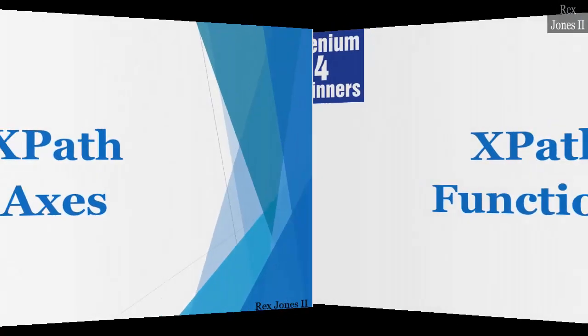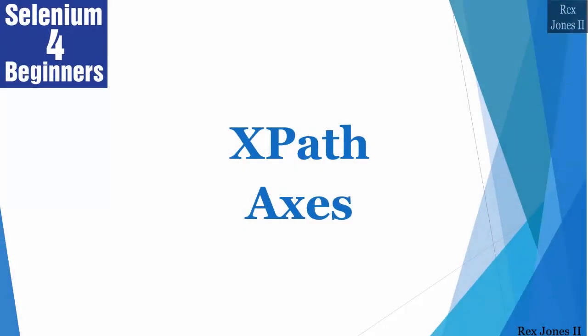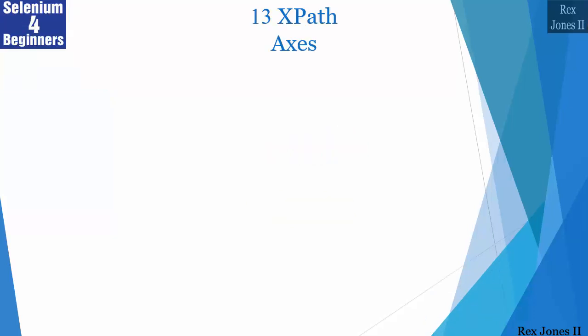Next is XPath axes. An axis represents a relationship. That relationship depends on the current node, and it is used to find other nodes like a parent node, sibling node, or child node. There's a total of 13 XPath axes.